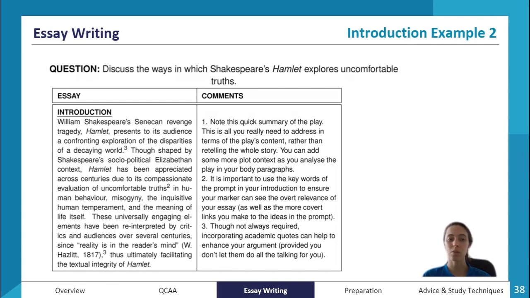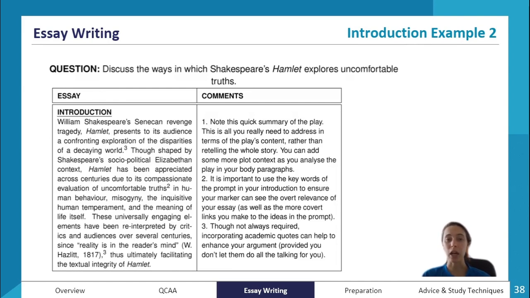So in this case, we have got those keywords. Uncomfortable truths is really clearly stated here. And this provides a bit of a quick summary of the play. In terms of retelling the story, that is not something you should be doing in an essay at all, whether it's in the introduction or elsewhere.